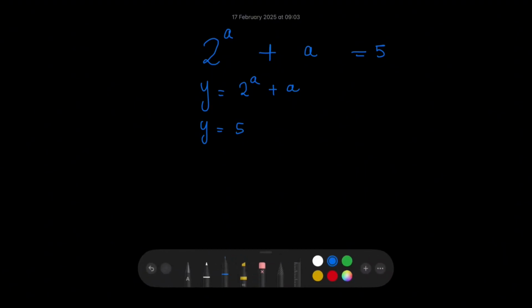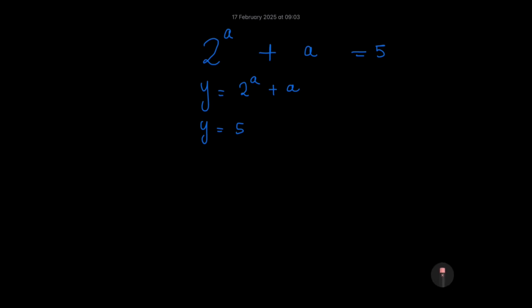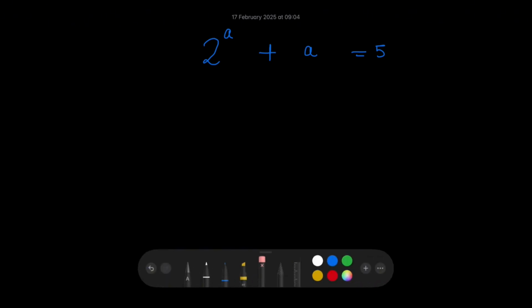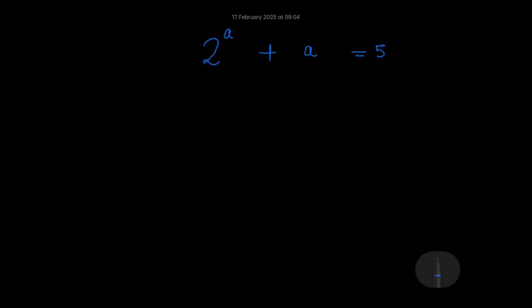But what if you don't want to use the graphical method to solve this equation, but you want to solve it algebraically? What you must do is use what we call the Lambert W function.